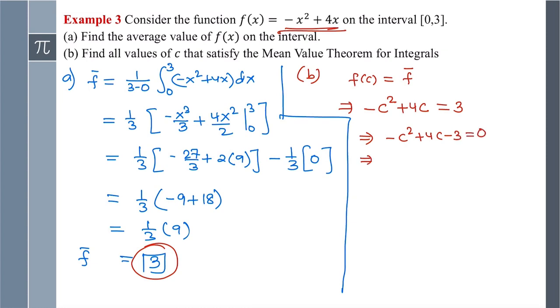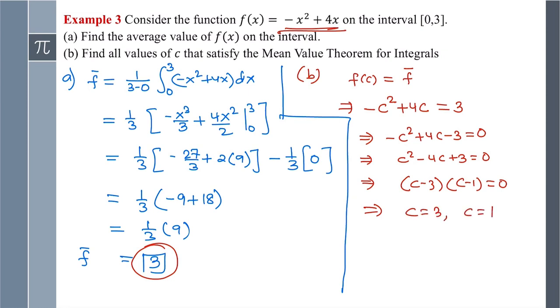I don't want that negative in the front, so I'm going to multiply everything by negative 1. So I get c squared minus 4c plus 3 equals 0. We can easily factor this quadratic as c minus 3 times c minus 1 equals 0, which means c equals 3 and c equals 1.